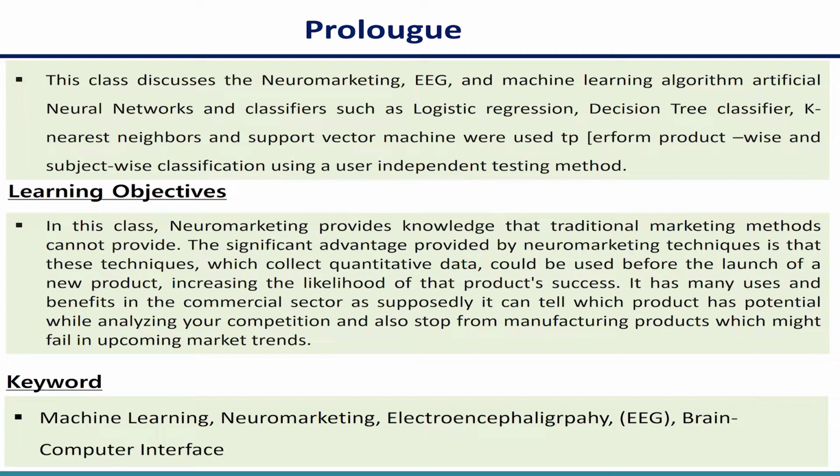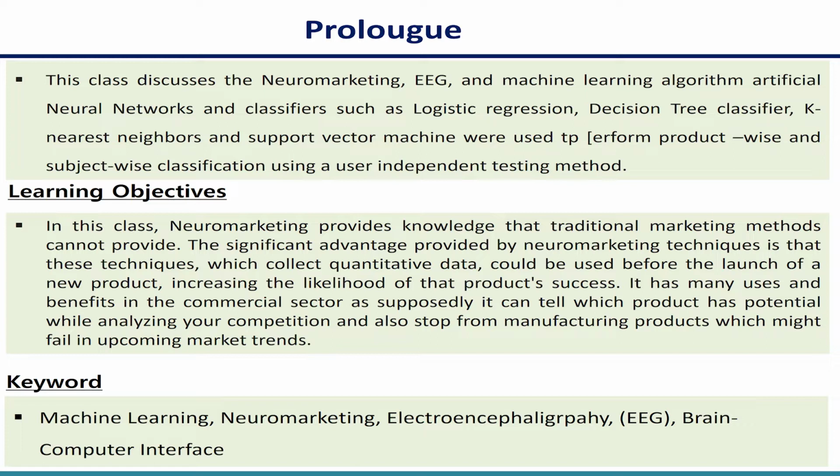Our learning objective is to talk about how neuromarketing provides knowledge and differs from traditional marketing methods. A significant advantage provided by neuromarketing techniques is that they collect quantitative data that can be used before the launch of new products, increasing the likelihood of product success.